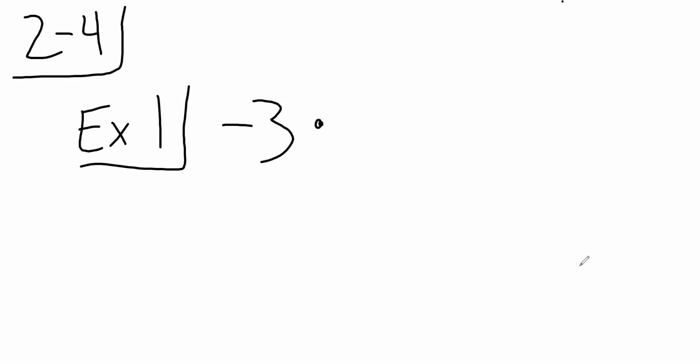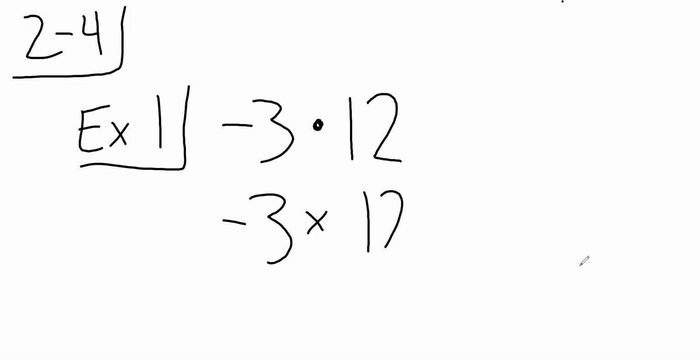Example one, we're going to take -3 times 12. We always have to remember that a dot means multiplication, so you can also write it as -3 times 12, or you could just have parentheses and say -3 times 12. There are 3 different ways of writing multiplication.